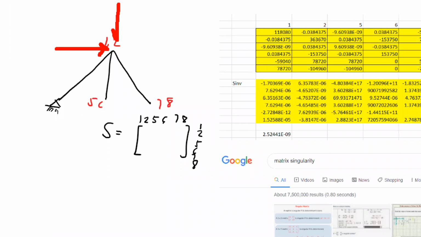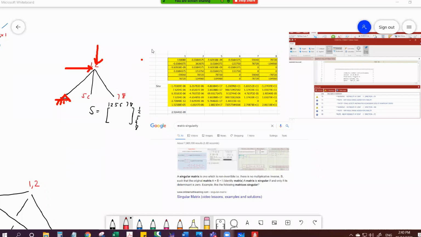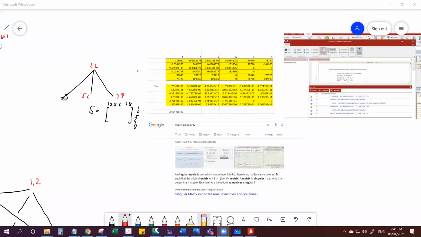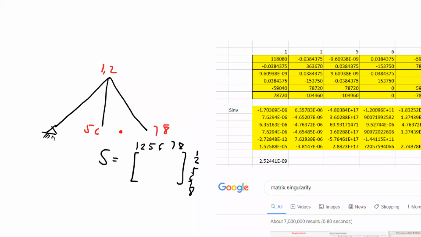So for sure, you know what will happen. It will have a large displacement, right? Because you only rely on one support. And your S matrix will become what size?